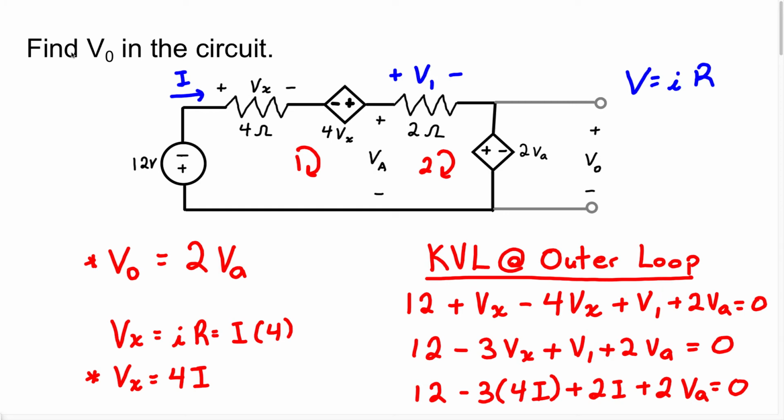The question wants us to find VO. We know VO equals 2VA, right? We know that because the voltage VO is in parallel with this voltage source, 2VA. So we know the voltage VO is going to be the same voltage that's in this voltage source, 2VA. So what we want to do is find the value of VA.